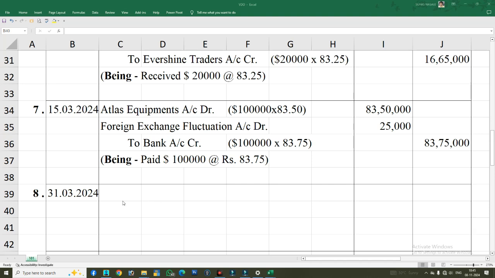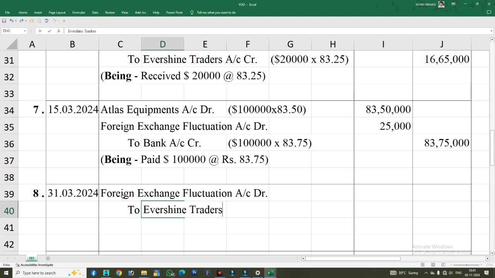Loss is always debit, and for accounting head, foreign exchange fluctuation account, debit. To Evershine Traders account, credit. This is a loss to Sunflower Limited, definitely profit to Evershine Traders on 31st March 2024.